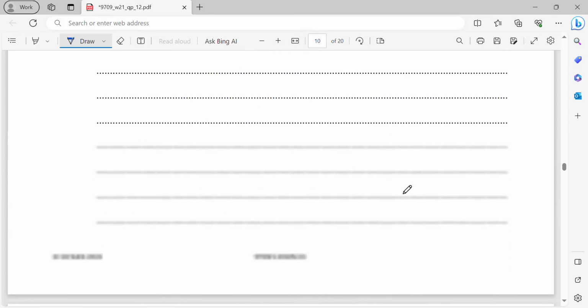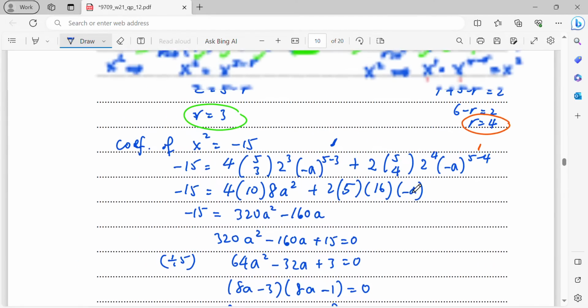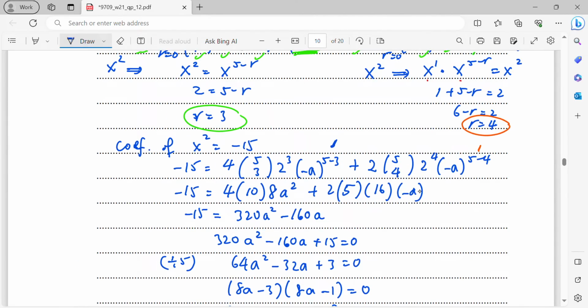You are given that the coefficient of x squared is k, no longer negative 15. So what you need to do is just change this to k. The rest no need to redo. You can just jump to this step and change the negative 15 to k.